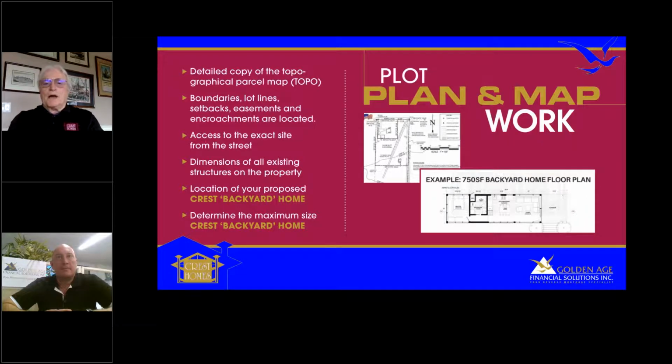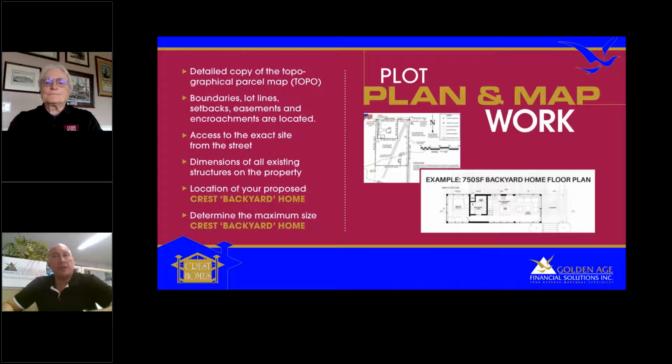However, it may or may not indicate all the structures, but any on the property at the time the topo was done will show their location. Most importantly, the topo will let you know, based on the location you wish to place your ADU, just how large it can be and the most suitable orientation on your property.